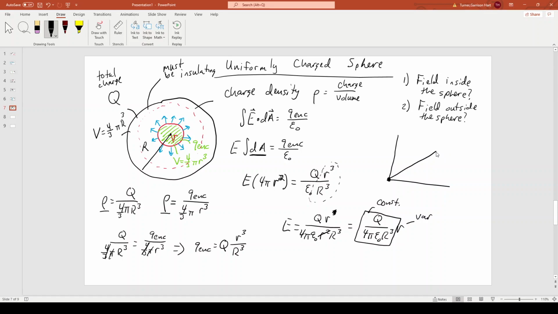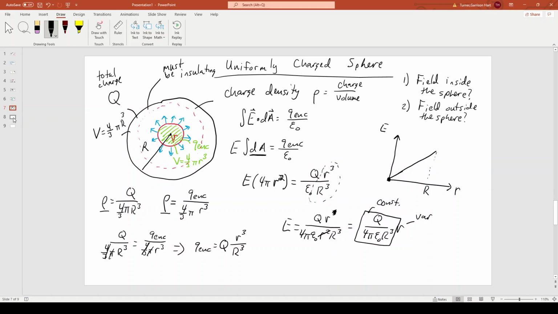until it reaches, and by the way, this axis is R and this axis is E. So my E field grows linearly with R until it reaches the surface. So what happens when it is at the surface, or beyond the surface, actually? What happens beyond the surface?